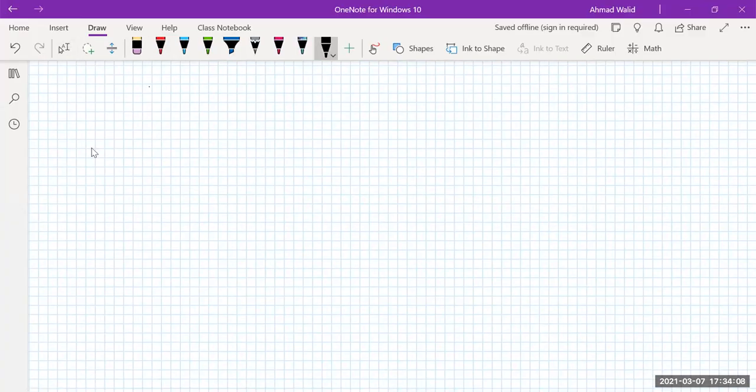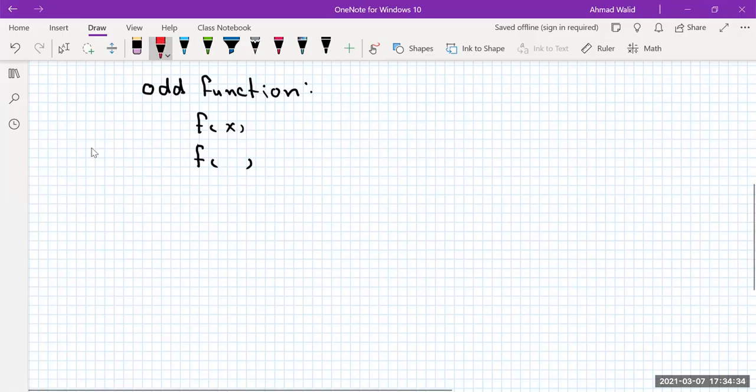Now, odd functions. Again, how should you know that a given function, for example, f of x, is odd? The method is totally the same. Again, you are replacing your x with negative x. Same method. Replace your x with negative x.